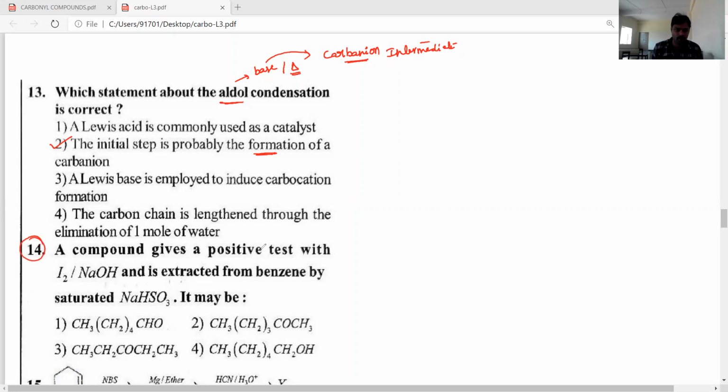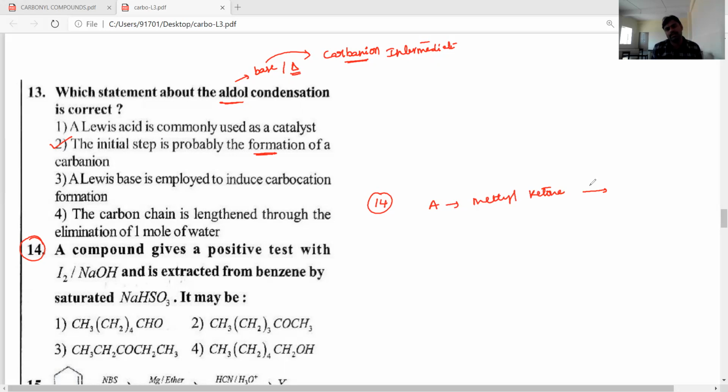A compound gives a positive test with iodine and base and is extracted from benzene by saturated sodium bisulfite, which means it is a methyl ketone. The compound A is a methyl ketone.